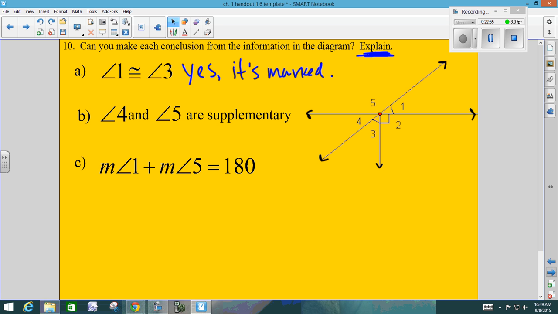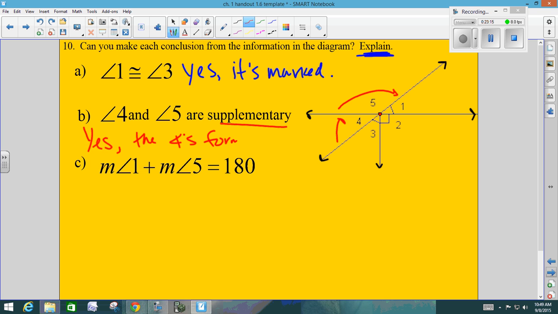Part B. Can we conclude that angle 4 and angle 5 are supplementary angles? Why? Because they make a straight line, and straight lines are how many degrees? Here's my explanation. The angles form a straight line. They make a straight line.